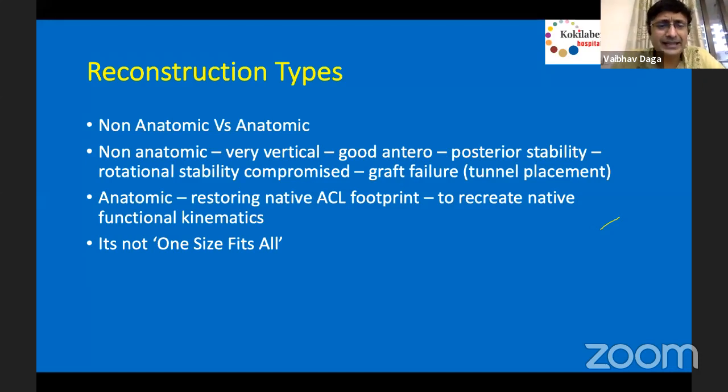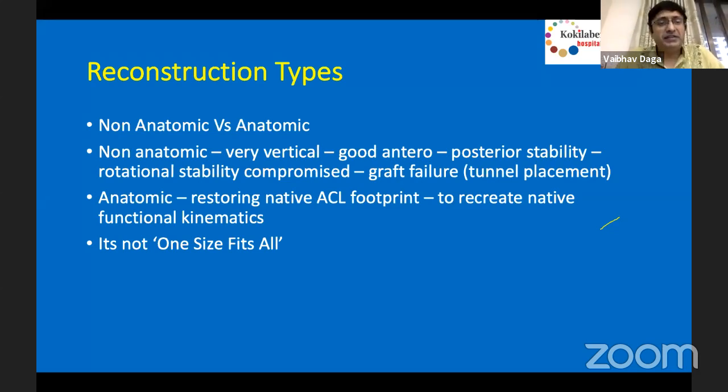In studies they found that rotational stability was compromised, and that's why the graft very much failed. After a lot of studies and trials, anatomic graft placement was done. Restoring the native ACL footprint to recreate native functional kinematics was the key for good rehab and an early return to sport.